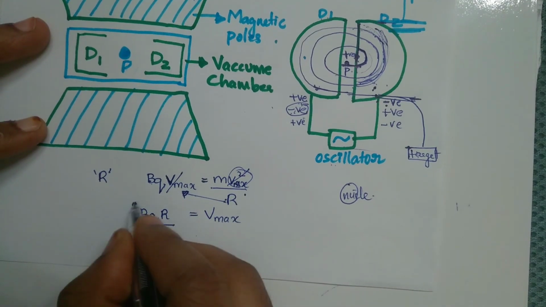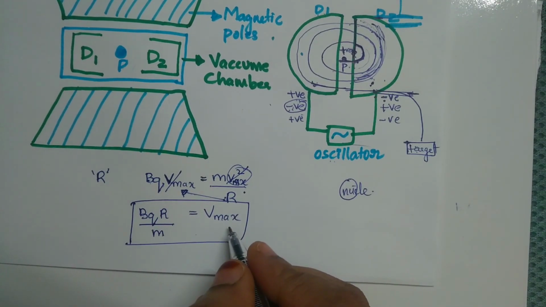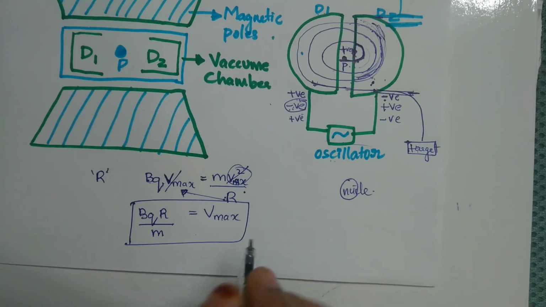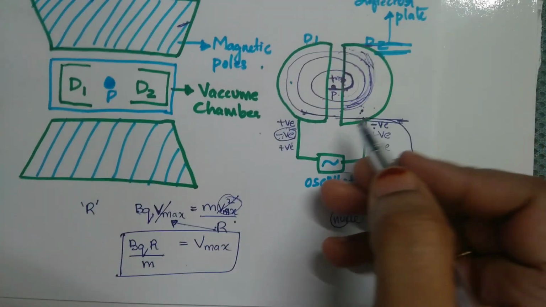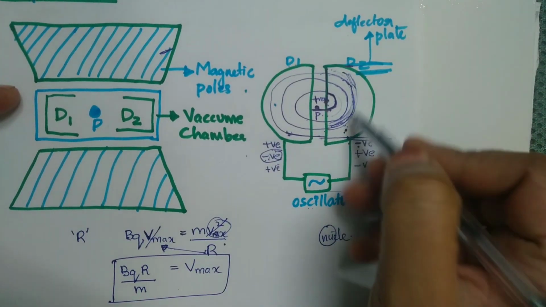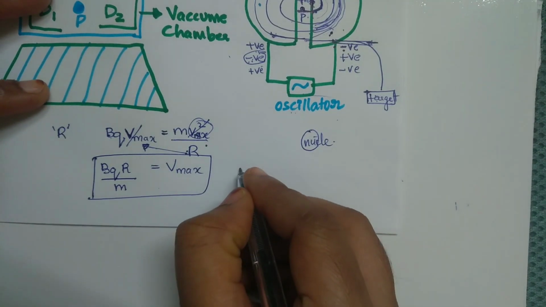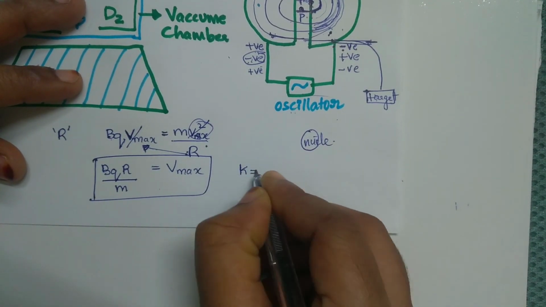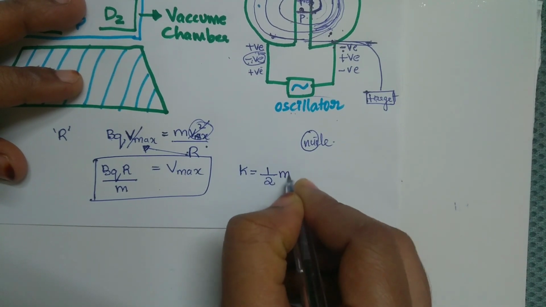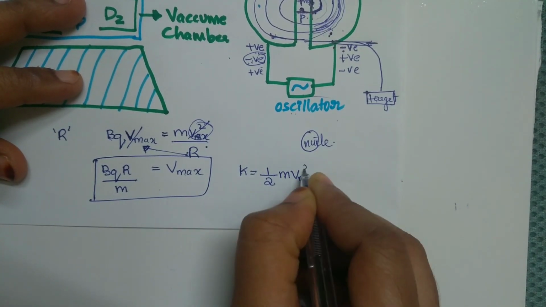So this is the expression for maximum velocity. Now the kinetic energy of the ion moving is given by K equals half m V max square, right?